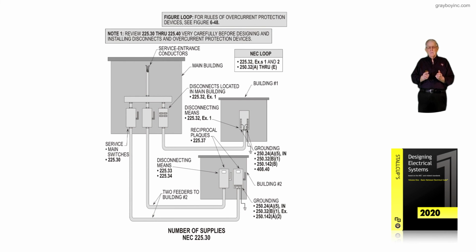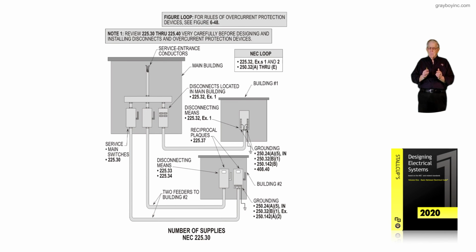That's new installations. But for existing installations only, with the circuitry already there, then we could hook that building number 2 panel up just like we did a service. We could have one grounded bar that would serve for neutral connections and equipment grounds, and that's what our figure 6-41 is showing.